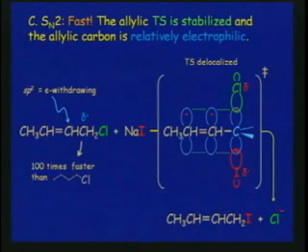Why does it make it more delta plus? Because compared to this carbon, it's sp2 hybridized. This carbon is sp3 hybridized. sp2 versus sp3 means we have more s character. The more s character means the orbitals are held more closely to the nucleus. It means electron withdrawing.